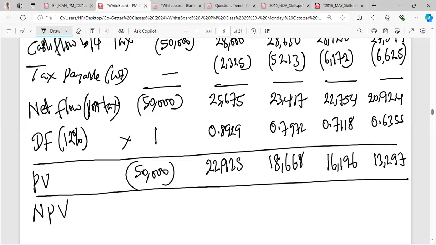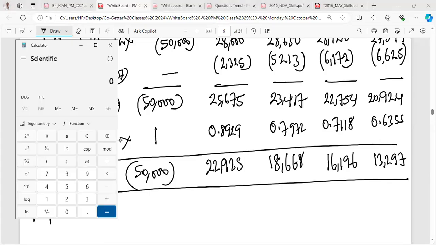Okay, so now that we've gotten the present values, let's get the net present values. Let me add all the positives and less the negative.